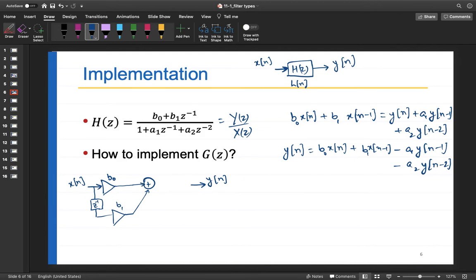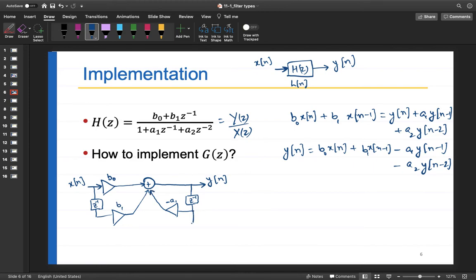Now this is minus a1 times y n minus 1. So I have to get y n minus 1, no problem. I will put a delay here, and this output goes to another multiplier, which is minus a1, and it gets added here.